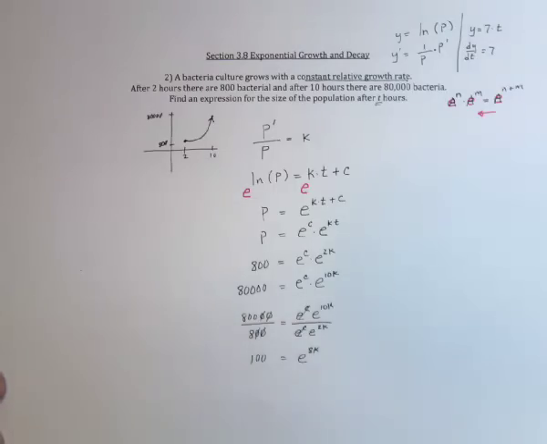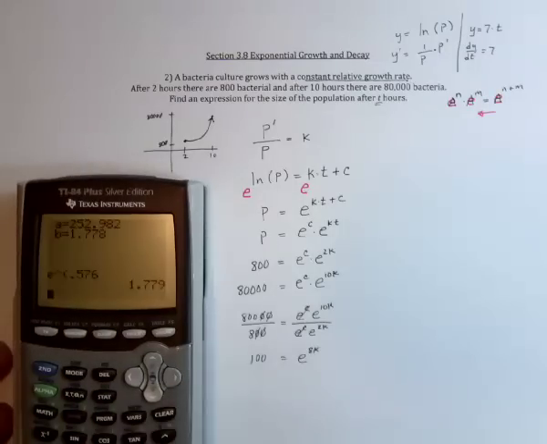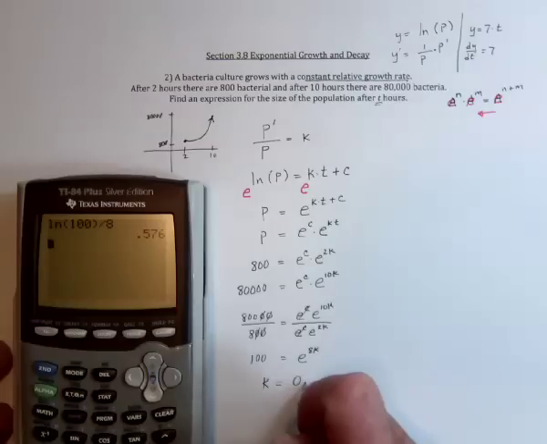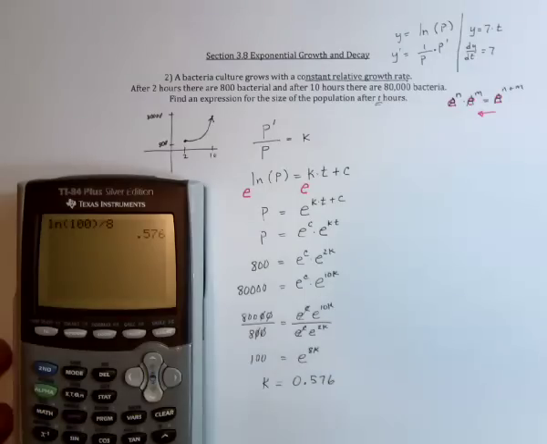So then just take natural log of both sides. Natural log of 100, and then divide that by 8, and there we have the k. K is equal to 0.576. So that's the growth rate of the bacteria, 57.6% growth rate, pretty fast.